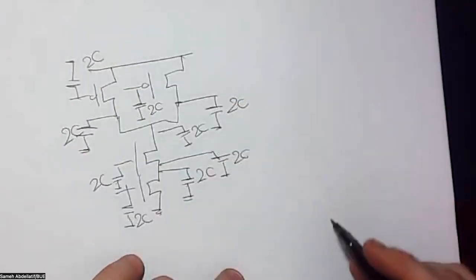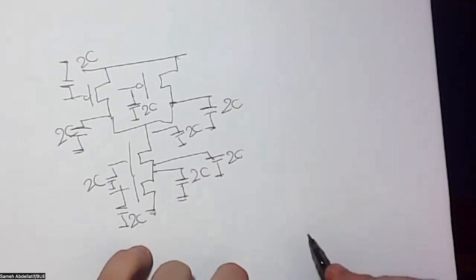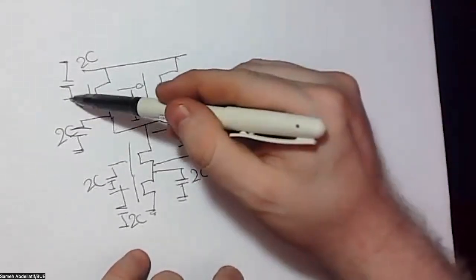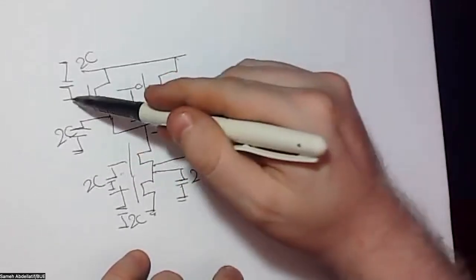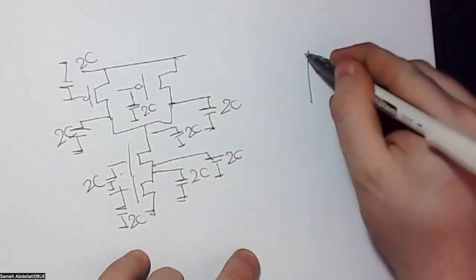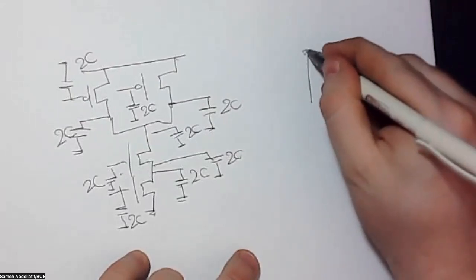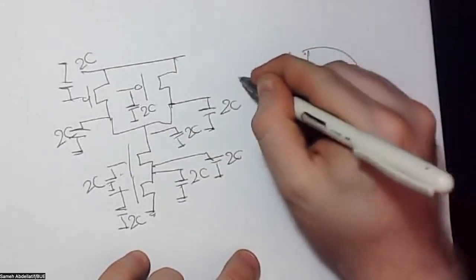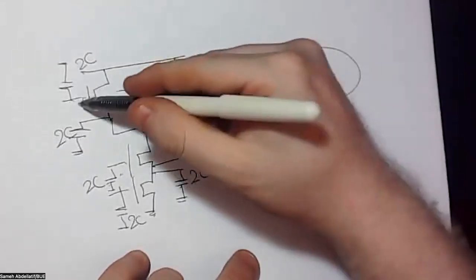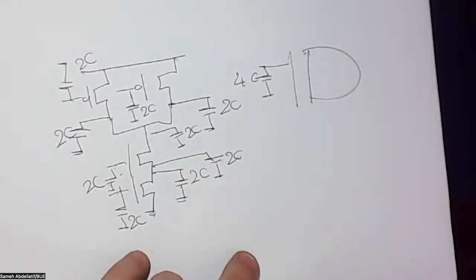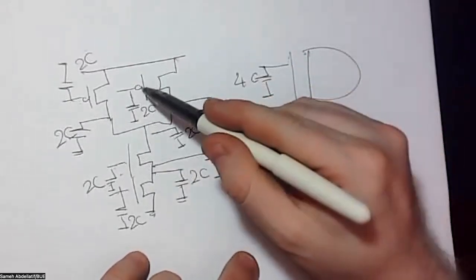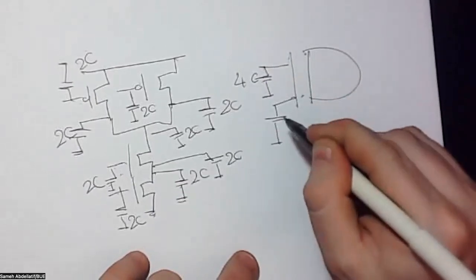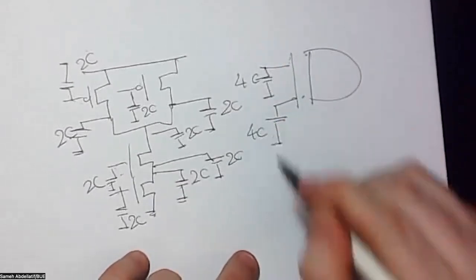So in order to have an overall look, let's see. For the A input, which is the A input? This one and this one. So for the A input, we have 4C capacitance, 2C here and 2C here. For the B input, we have 2C here and 2C here, 4C again.